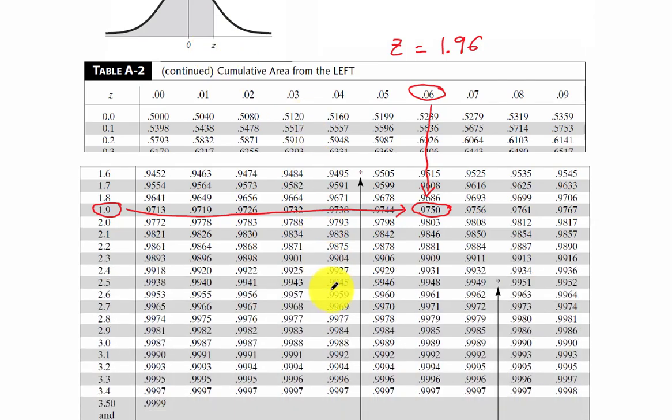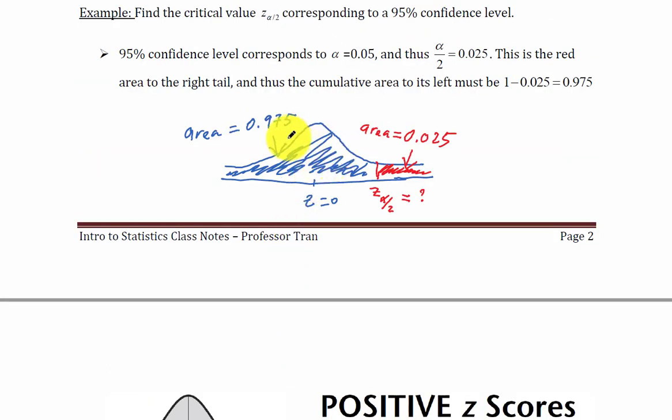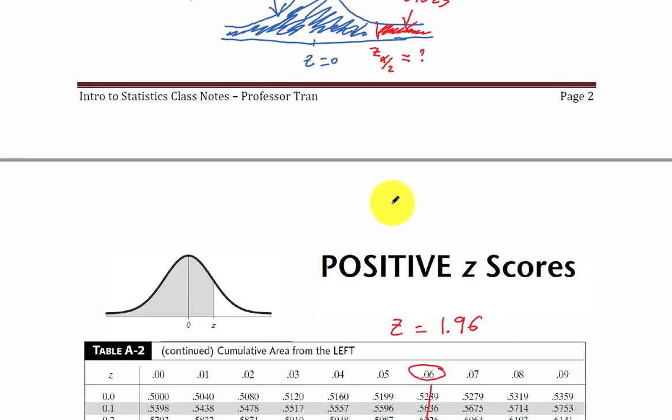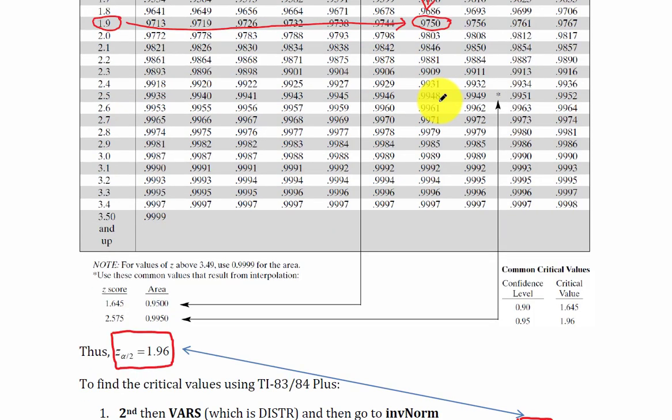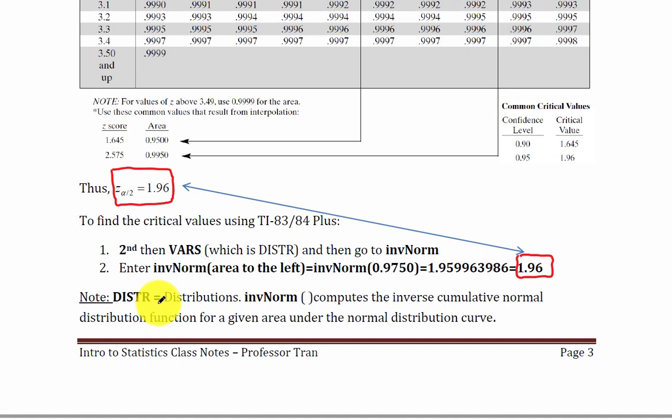So we have an area of 0.975, the blue one to the left of z alpha over 2. So I look for the number 0.9750 in Table A2, and this is 1.9 combined with 0.06, so altogether 1.96. So the z-score corresponding to the area of 0.9750 should be 1.96, or the critical value z alpha over 2 should be 1.96.